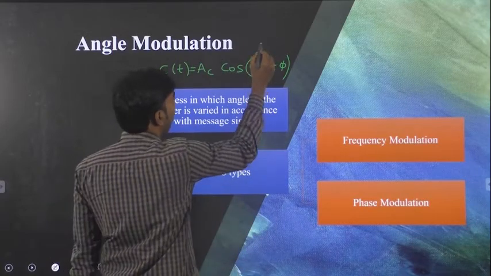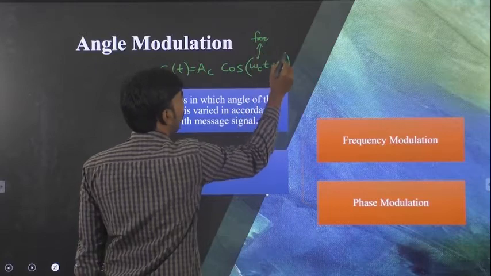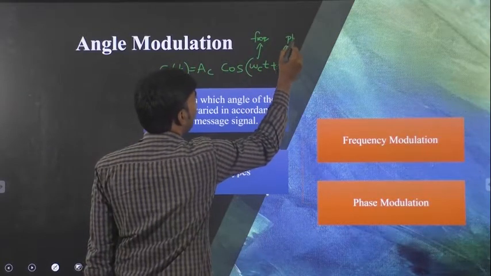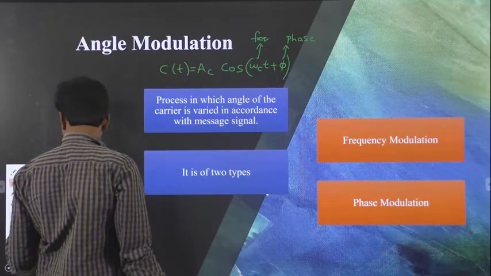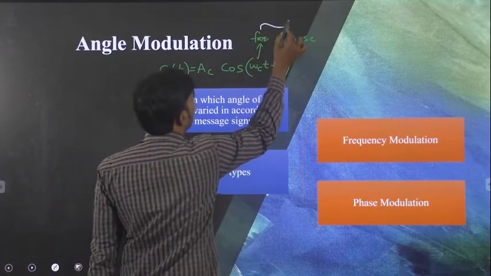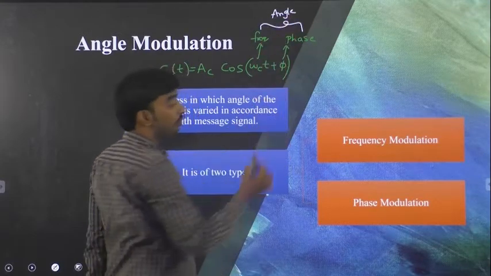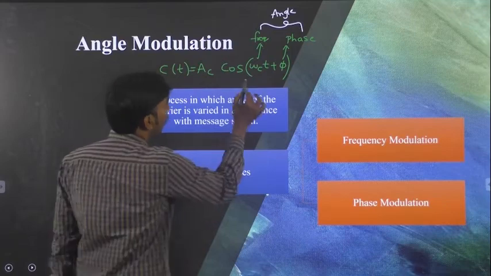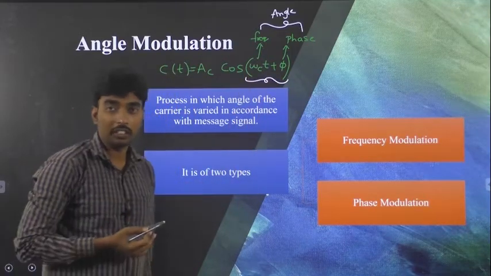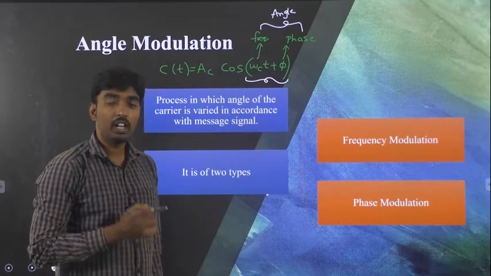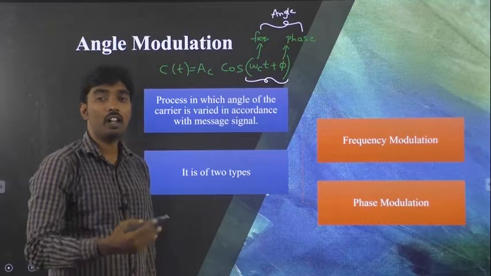Now this omega c t is related to the frequency and this phi is related to phase, and this put together I can call it the angle. The cos of something is nothing but an angle. Now that I am going to modulate. That means I am going to modulate either frequency or phase.